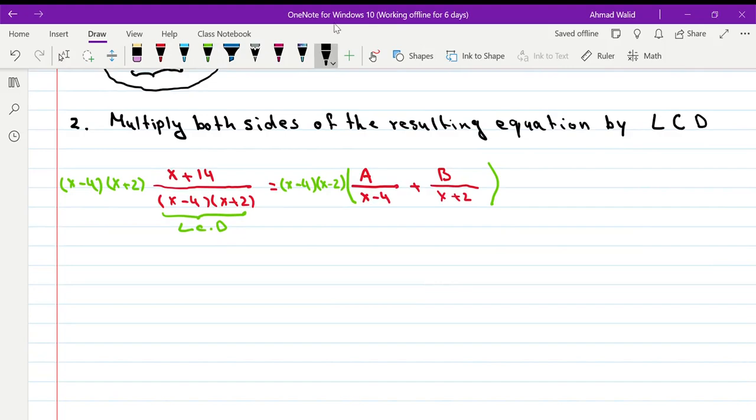Okay, let me write step 3. This is your step 2: you multiply both sides of the resulting equation by your LCD. Step 3: simplify.